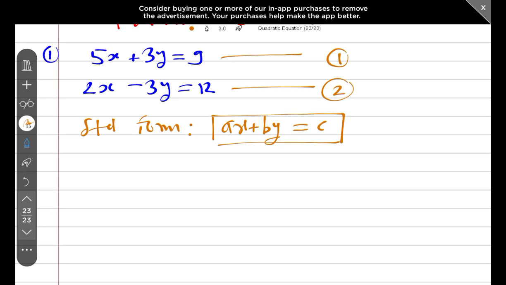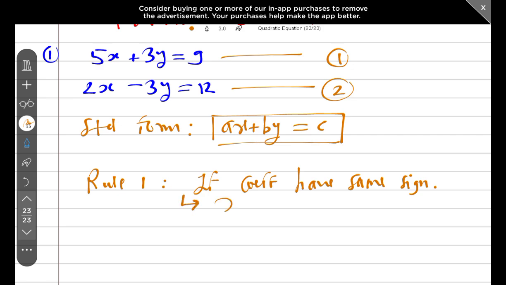Now see, there are simple rules. Rule number 1, if coefficients have the same sign, listen carefully, then in this case do subtractions.